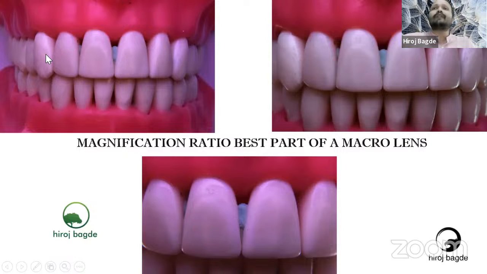This is the F number. F number has changed to F22. See, can you see every tooth which is there inside the oral cavity is seen. So we can manipulate the magnification ratio whenever you are using a macro lens. But it is not possible with any kind of different lens with these kinds of details. So for anyone who is having enthusiasm for dental art photography, you can definitely buy a macro lens.